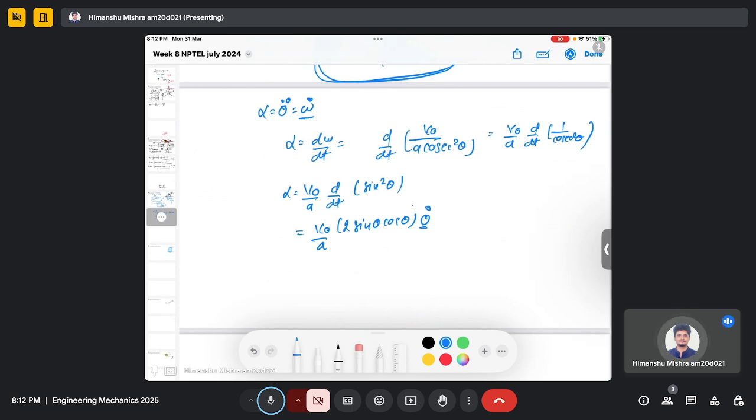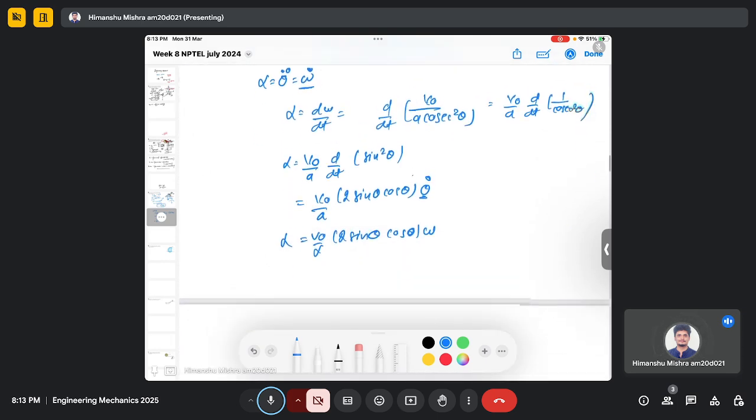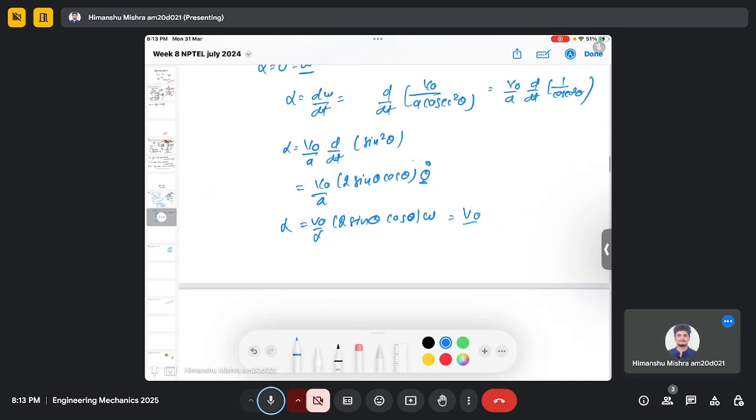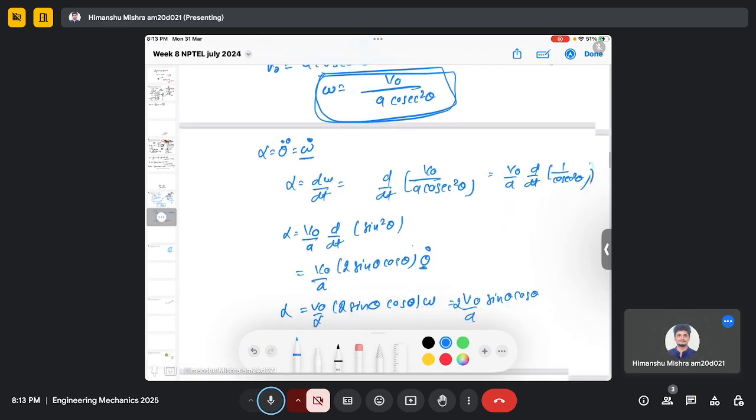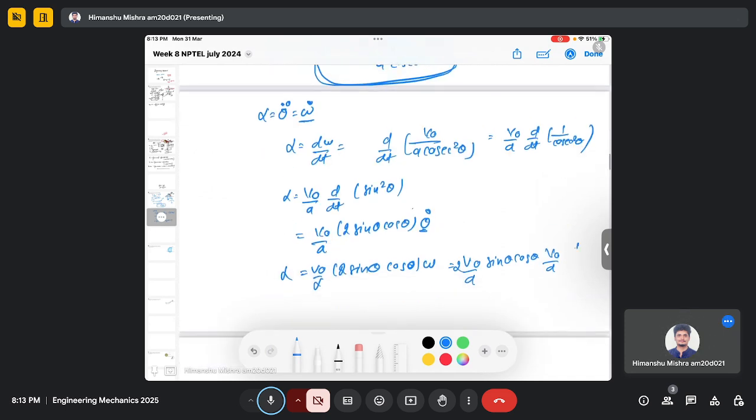This theta dot is omega, and my omega is v naught by a times 1 by cosec square theta.